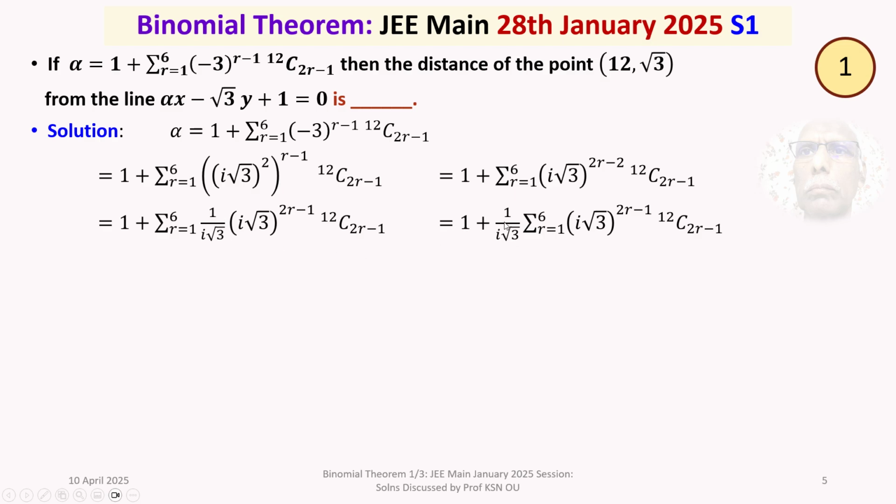That is equal to 1 plus 1 by i root 3 sigma r is equal to 1 to 6 of (i root 3) to the power of 2r minus 1 multiplied by 12C(2r minus 1).